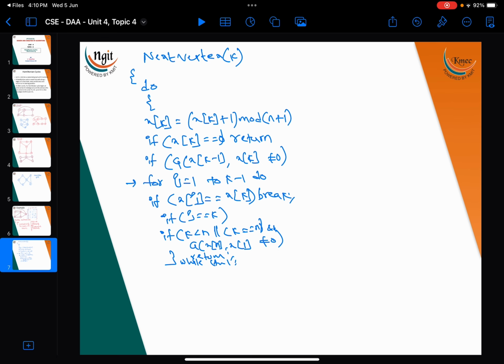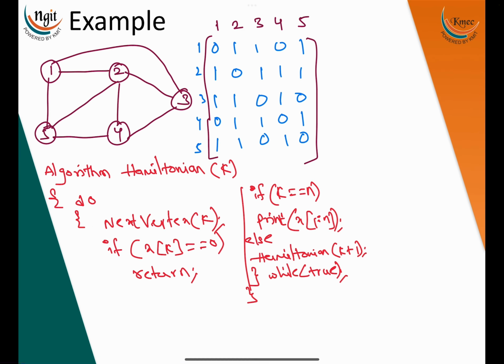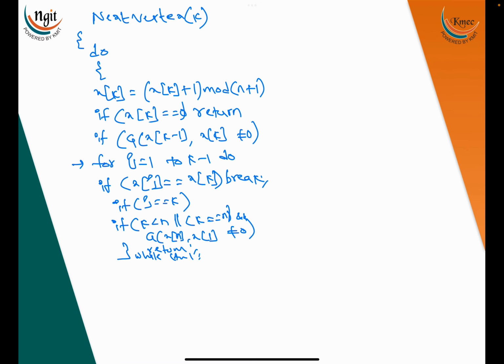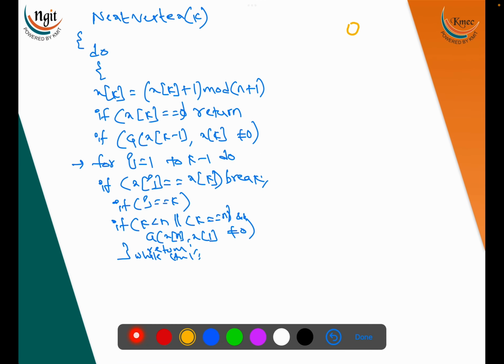Now, how is backtracking useful over here? It's very simple to understand. We'll take a backtracking approach. According to backtracking, whatever vertices you have, you make one node each, that is 1, 2, 3.